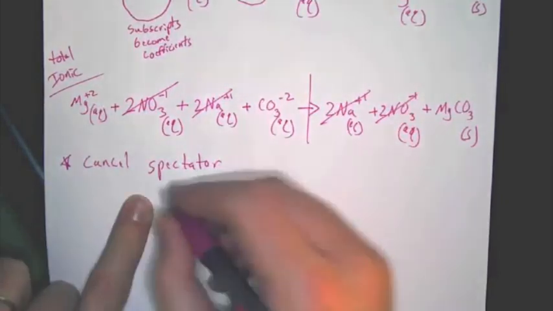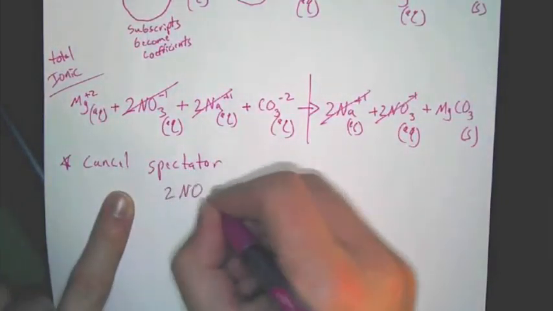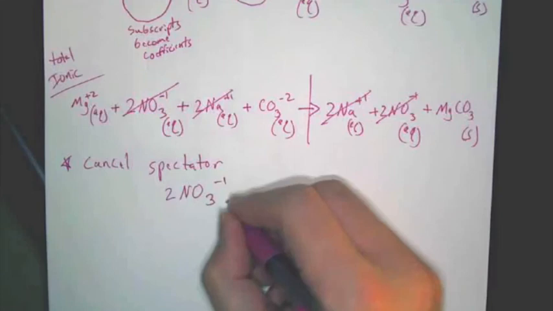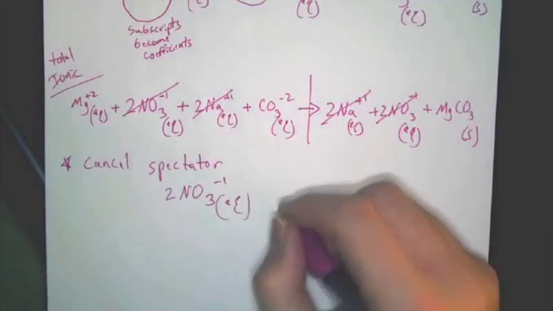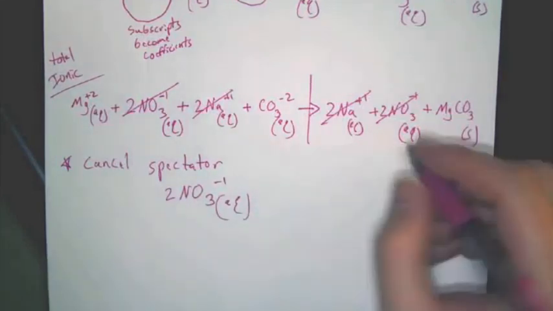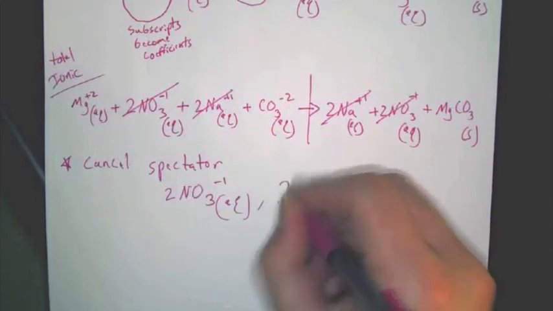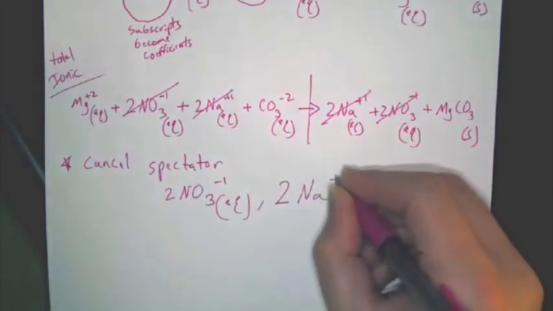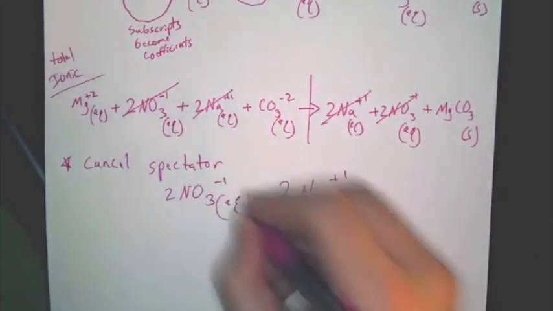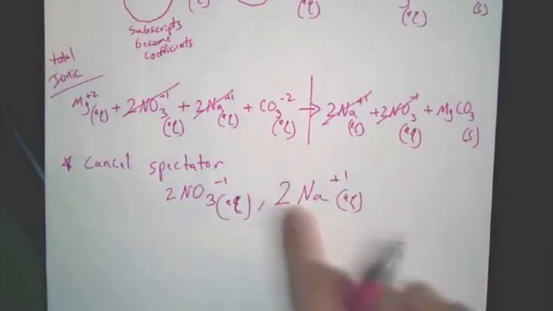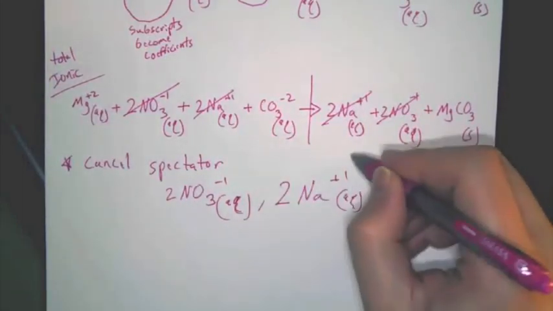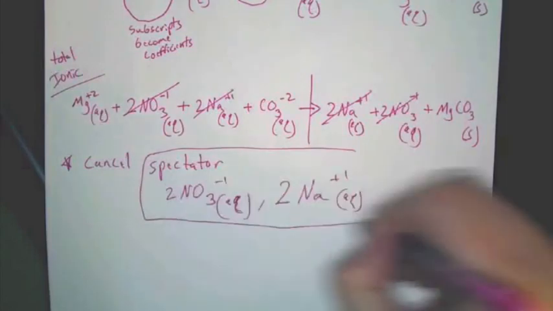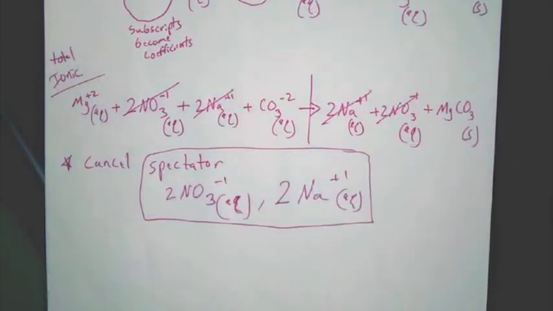So, our spectator ions in this case were 2 sodiums that were aqueous. I'm just labeling them in case a question asks you to do that, which I know it does. And 2 sodiums. Well, what does the question ask you to do? If it says what were the spectator ions, everything that is crossed out, those are our spectator ions.